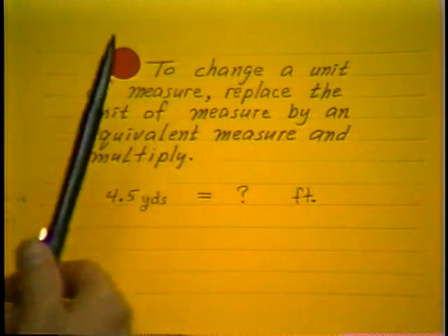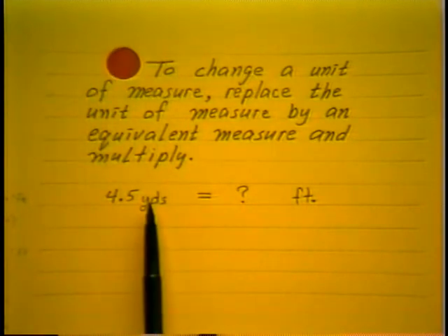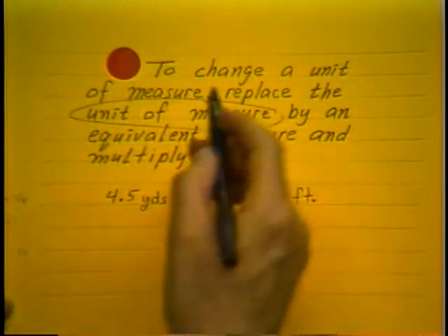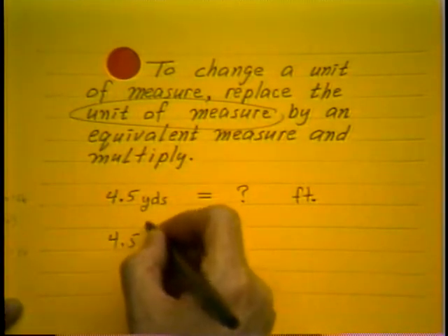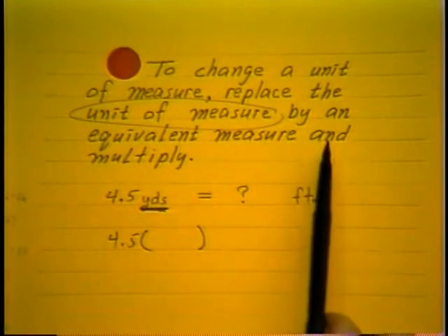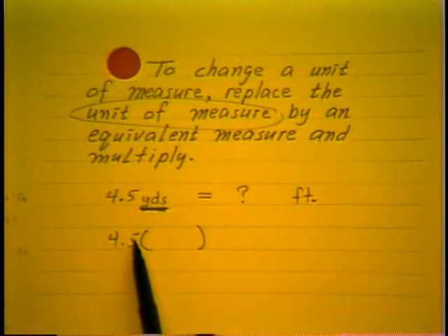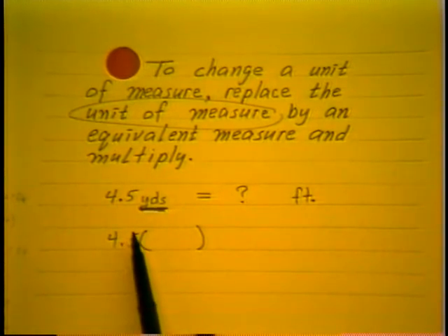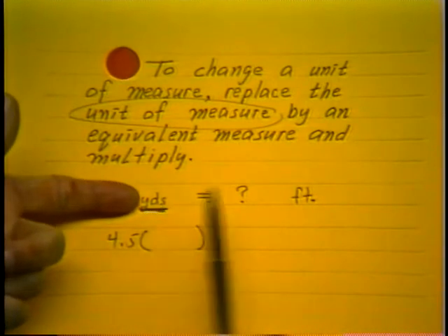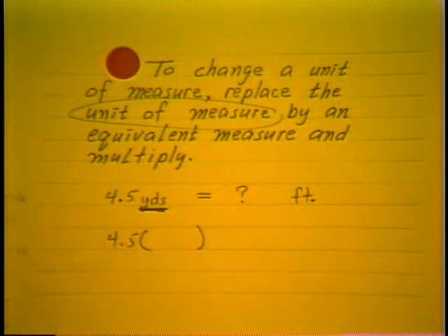Okay, now this instruction says to change one unit of measure into another, replace the unit of measure. So I'm going to replace this unit of measure by an equivalent measure and do the multiplication that's sort of implied here. So our question is, what's a yard, a unit, equal to in feet?